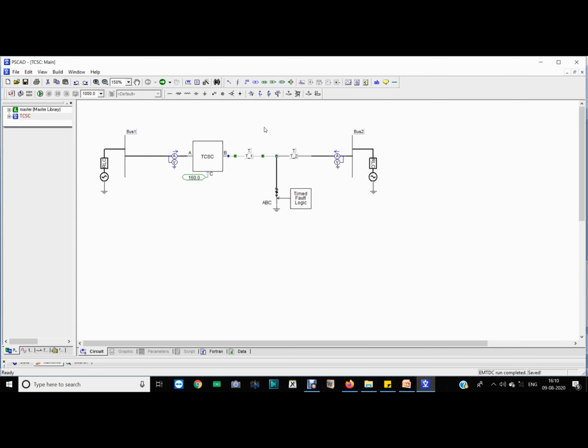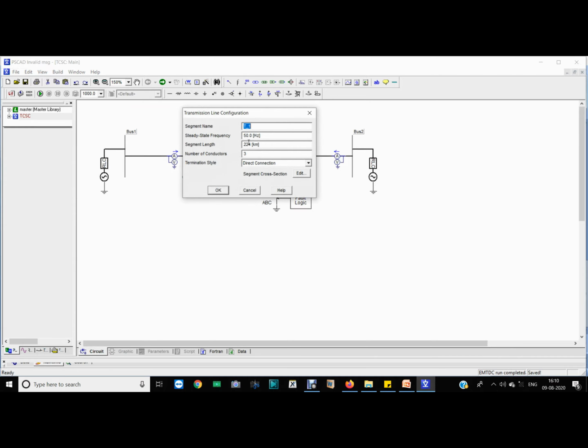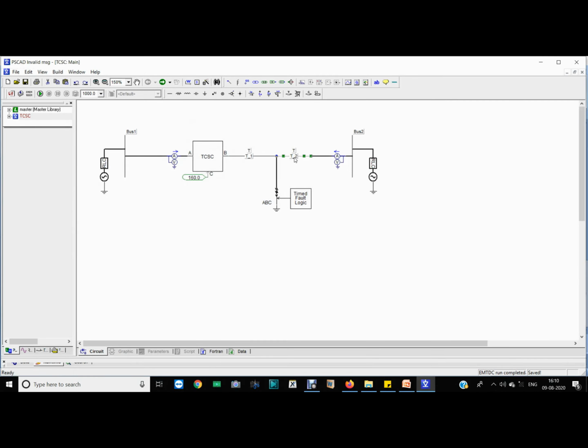Now if we see, this is a 224 kilometer transmission line, and this is 96, so 224 plus 96 is nothing but 320 kilometer. So this is a 320 kilometer transmission line, and if we need to create a fault, we need to split up the transmission line and connect this fault block in between these two transmission lines.